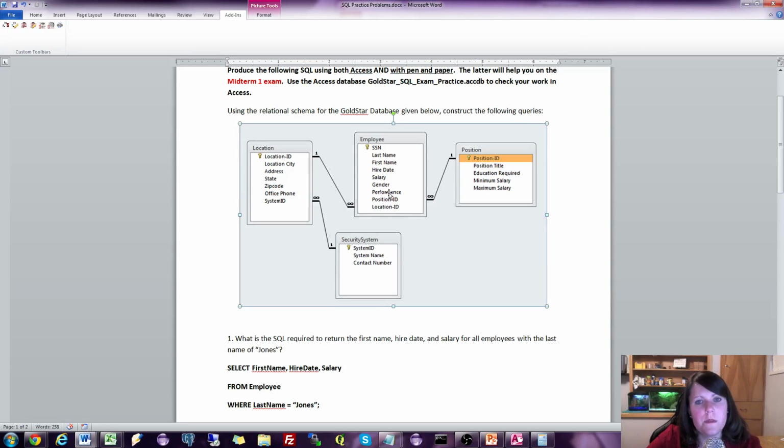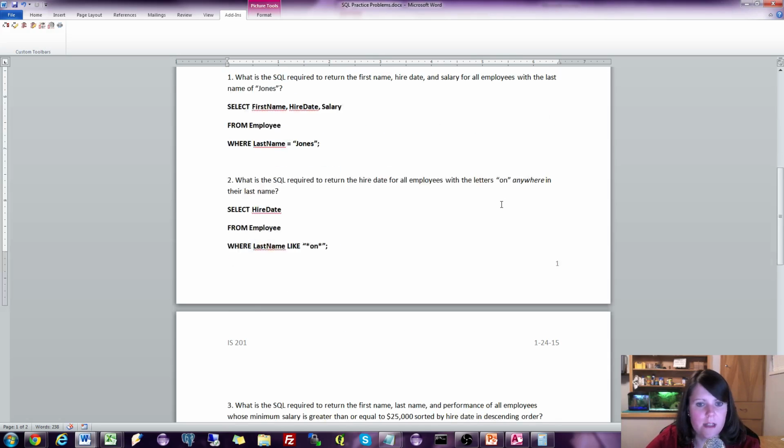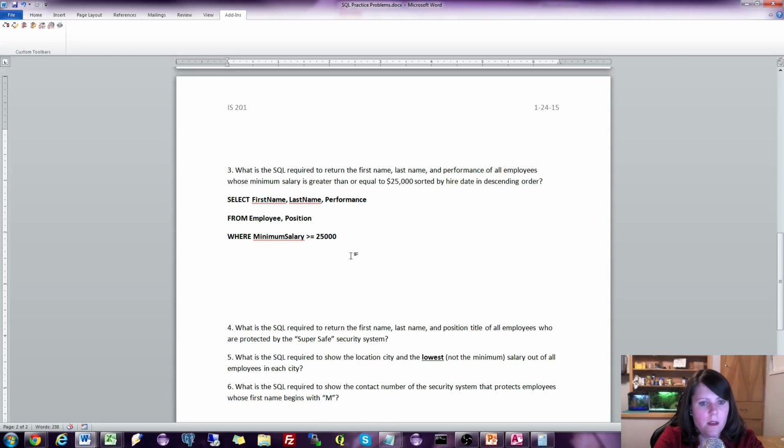To do this, I'm going to include a condition that sets the foreign key equal to the primary key of the related table. So I'm going to set position ID from the employee table equal to the position ID of the position table, like so. Because I have multiple criteria, this time I need the table name.